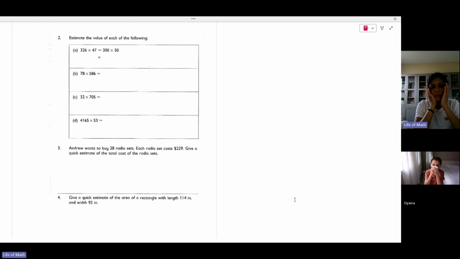But ratio is about, for example, one table and two chairs in a classroom. Every one table has two chairs. That's the ratio. Table to chair is 1 to 2. But if the tables increase to 2, the chairs will be 4. Eyes on my screen. 1 to 2 and 2 to 4, that's called the ratio.